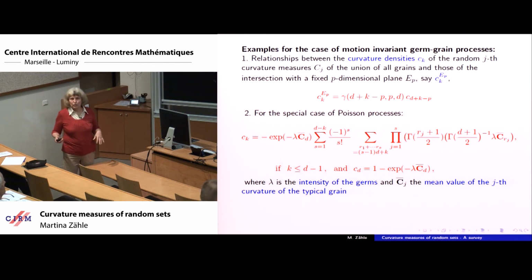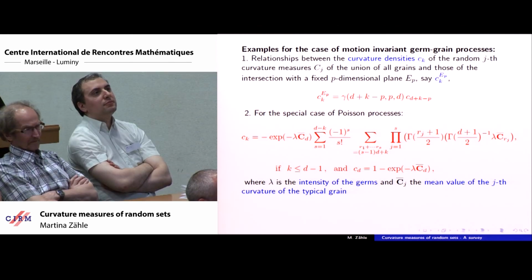Maybe some of you know these relationships for convex bodies. And this remains valid for all the other models. They have not been considered in the literature. In the past, I considered only the positive reach case, but the procedure is the same in the more general context. This formula is always true.